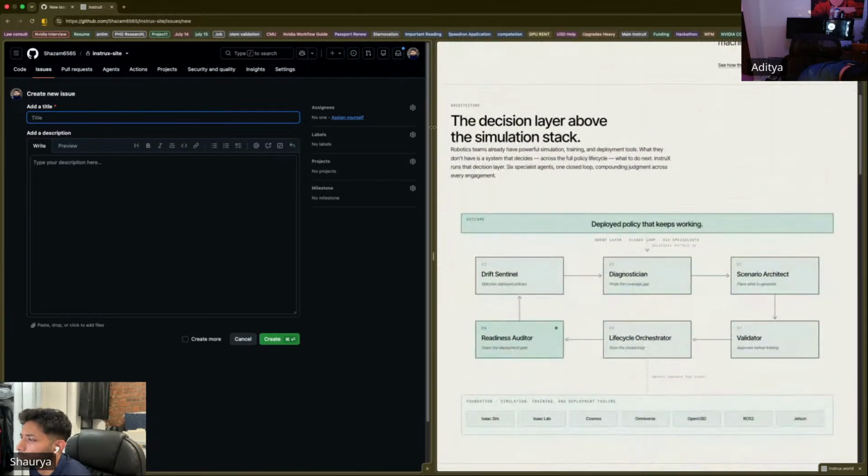A decision layer above the simulation stack. They have powerful simulation, training and deployment tools, but they don't have a system to decide what to do.